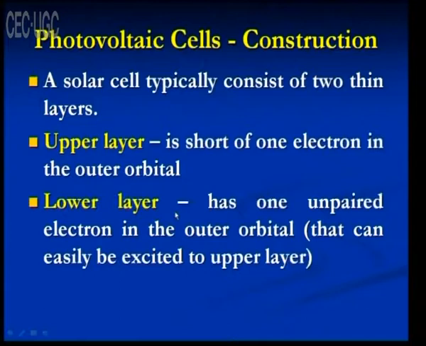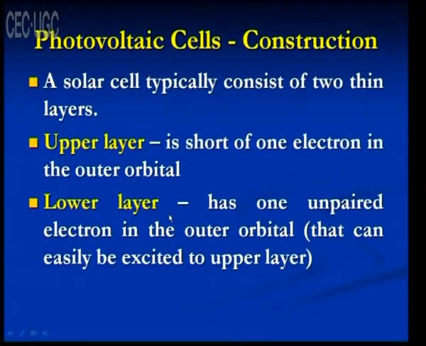Initially, the construction of the photovoltaic cell. It is a solar cell that typically consists of 2 thin layers: an upper layer and a lower layer.